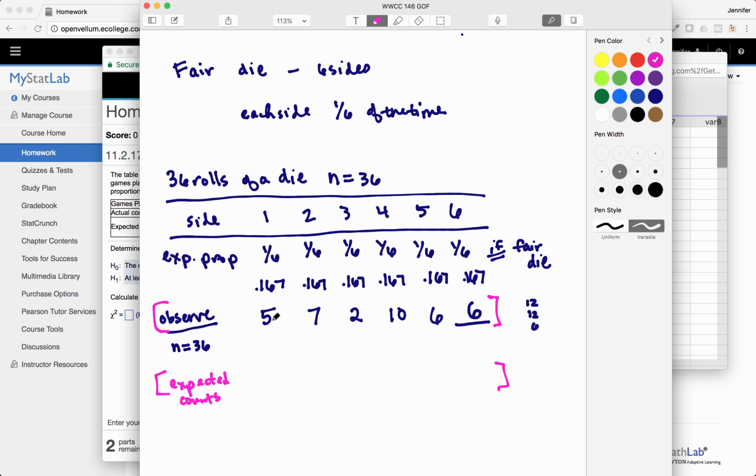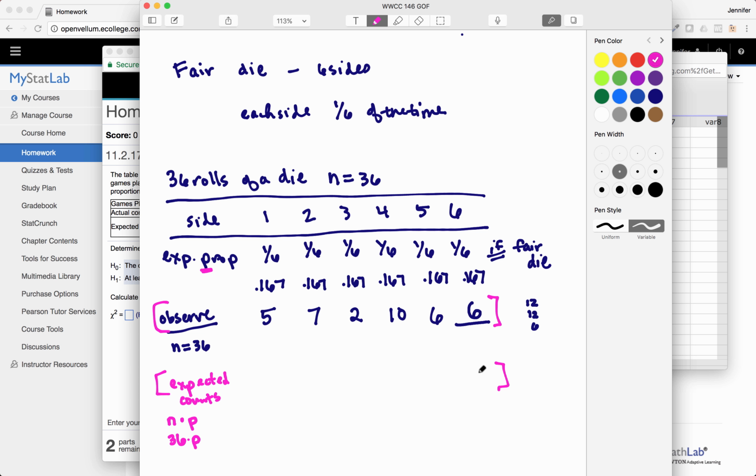So what I'd end up doing is taking these expected proportions and turning them into expected counts. You do that by taking n, your sample size, and multiplying it by p, your proportion. In this case, our sample size was 36, and I'm going to multiply it by all of my proportions, p, to get what I expect to see if this proportion of 1/6 everywhere is true.